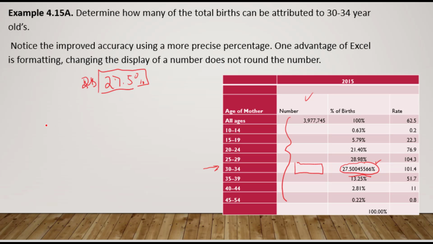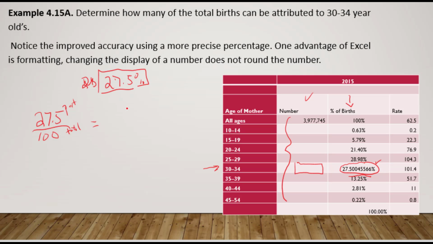So let's go back to, we know the ratio they were given, it's 27.5 out of 100, because that's what this column here means. That's the percent of births in each age category. So that's sort of like the total. You could say of every 100 births, 27.5% of them, 27.5 of them can be attributed to 30 to 34-year-olds.